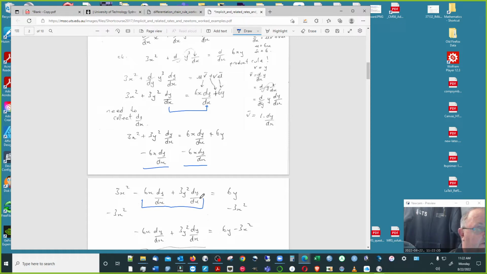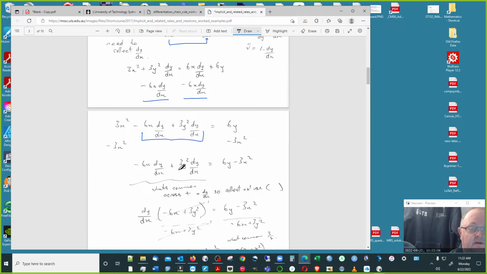So this is kind of algebraic steroids, isn't it? What we've managed to do is to get the terms with the dy/dx's on one side. We've now moved the 3x squared over the other side. But look at this, we've got this lovely big plus sign, and we've got two things that are common. An algebra train of thought is what's common.